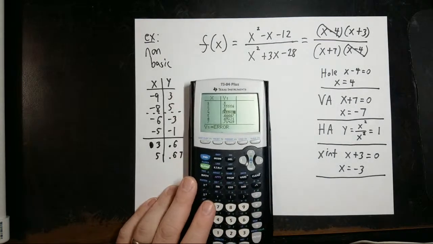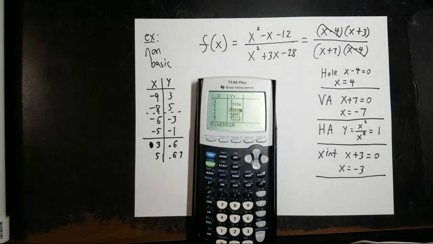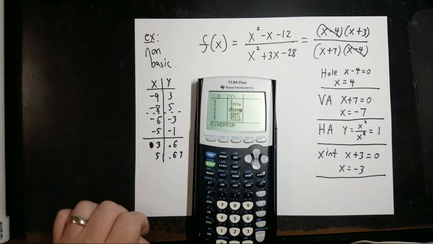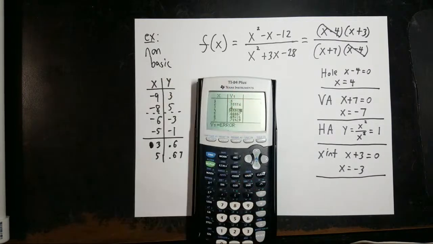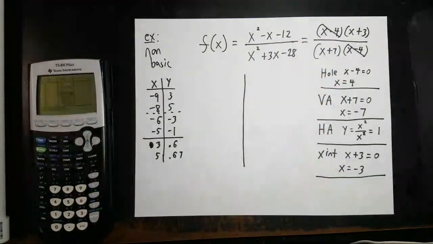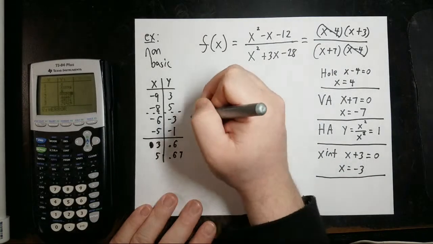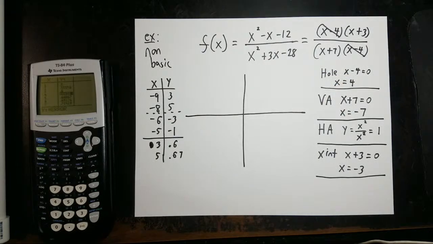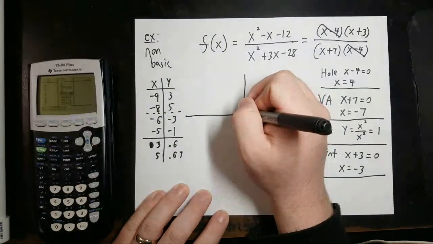Those are the numbers surrounding the hole. You don't know exactly where that hole is occurring. There is a way to do that, but I'm not going to worry about that. But you can determine approximately where that hole is going to be, and I'm going to show you how to identify that on the graph. I'm not going to look at the calculator graph just yet. I just want to graph out my information, and let's see if we can't do this. First, there is a vertical asymptote at -7.